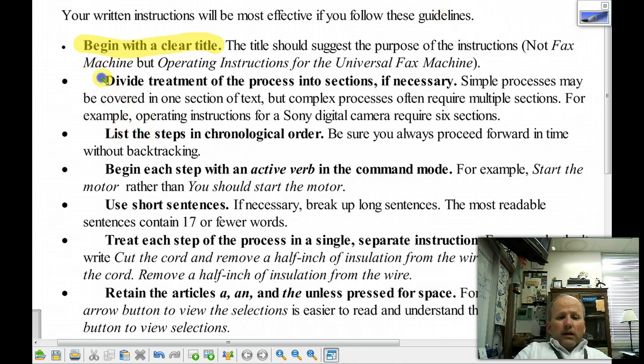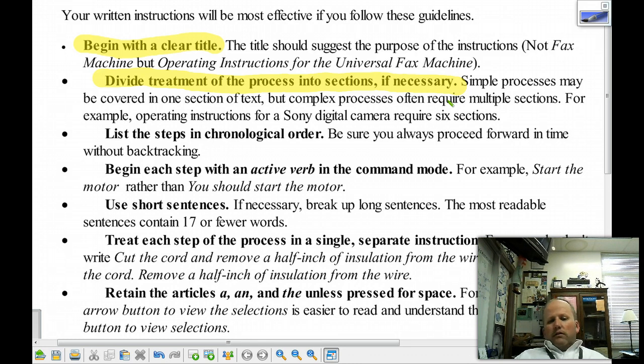The next thing is divide the instructions into sections if it will help. Now, a cell phone doesn't just make phone calls. It sends texts. It does social media. It allows you to get on the internet. It allows you to download apps and play games.